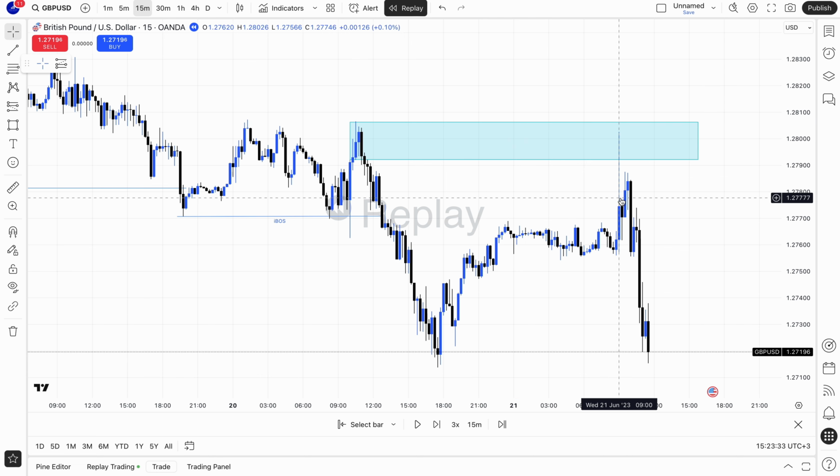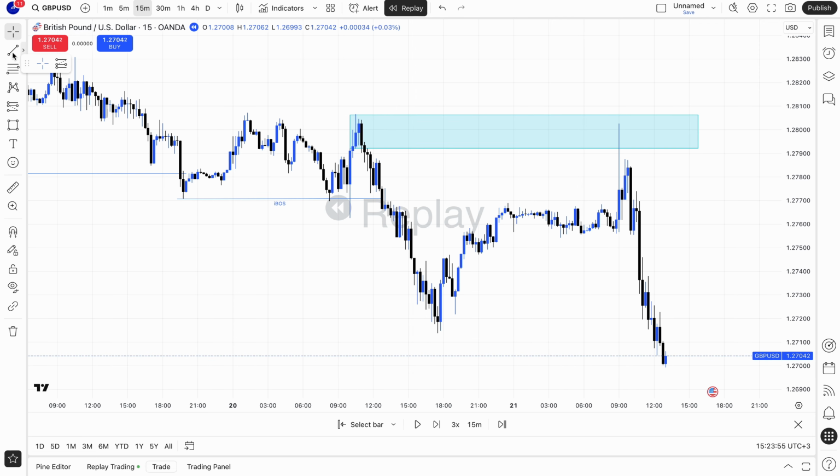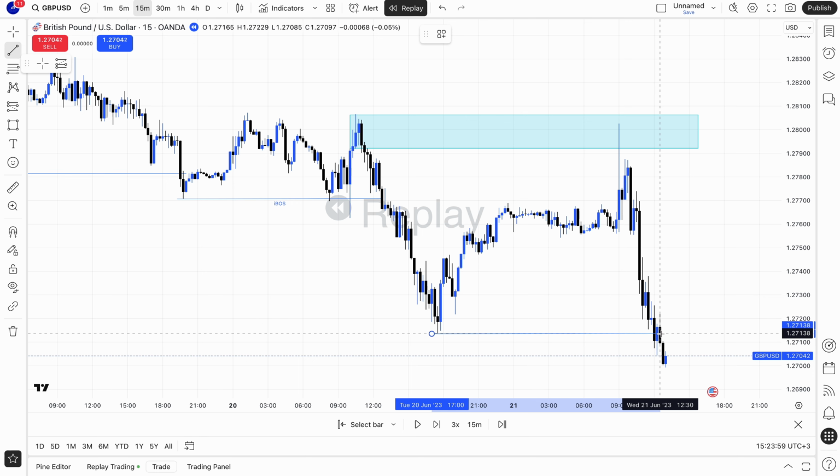And I think we had news because of this price action. When was that? Yeah, we had news. CPI. Pound CPI. Then we had our break of structure to the downside continuation.